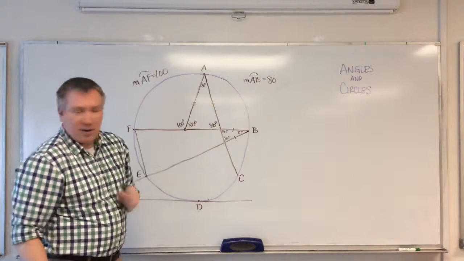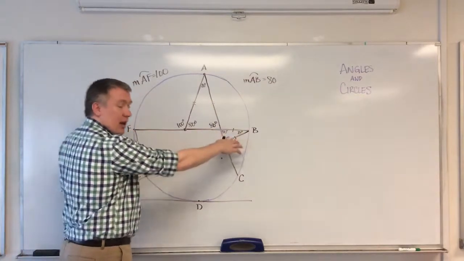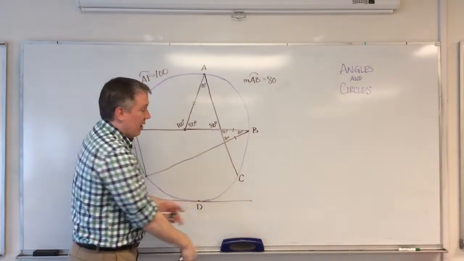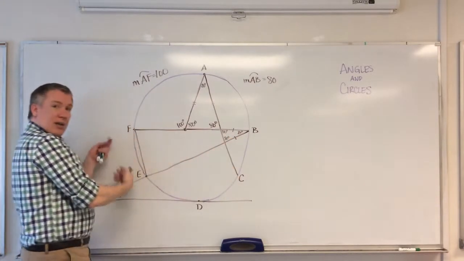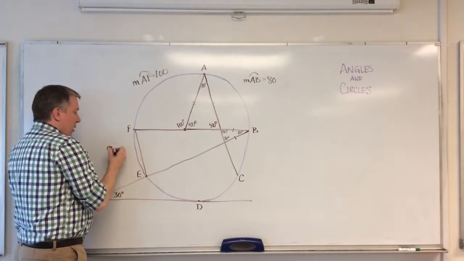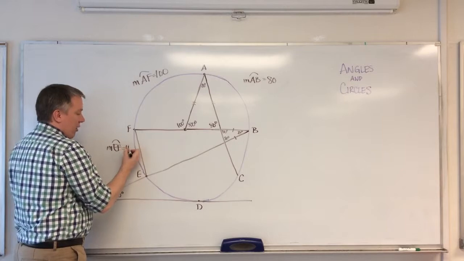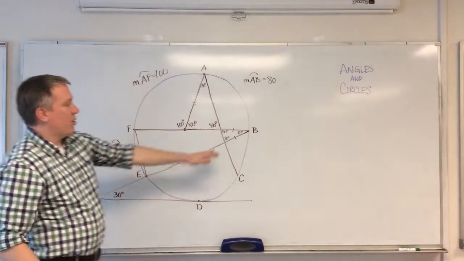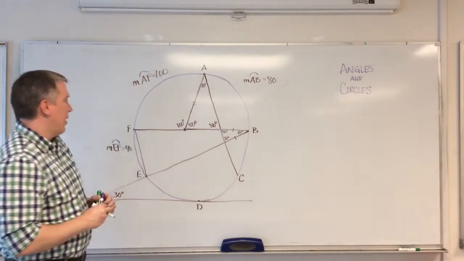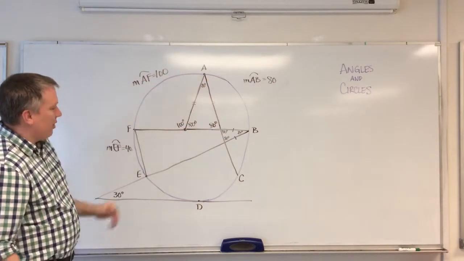It hits 3 points on the circle. Well, I know that the arc is twice as big as the angle. Or the other way of saying it, the angle is half as big as the arc for inscribed. So that must mean that the measure of arc EF is 40 degrees, because it's 20 degrees for the inscribed angle. So you can start to see we're starting to pile up some information.